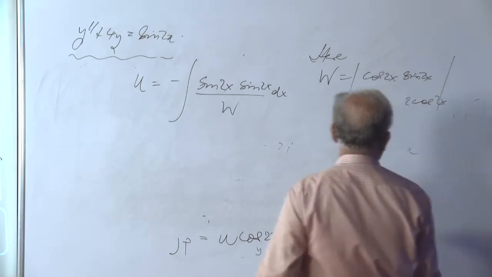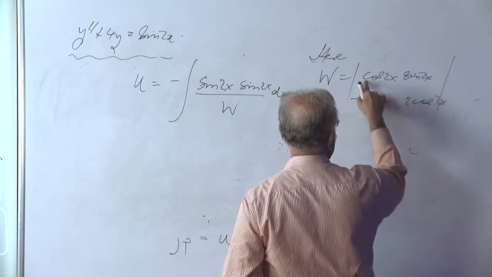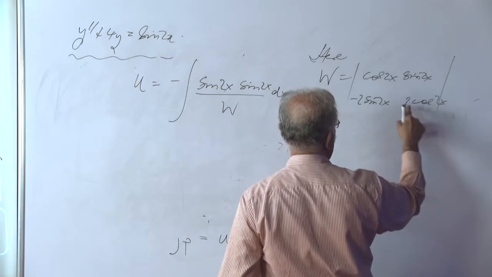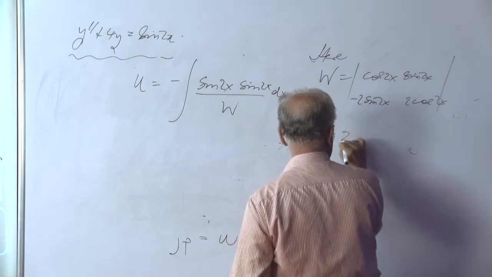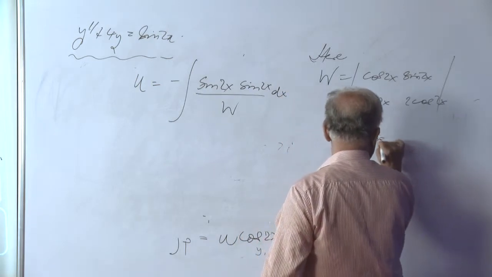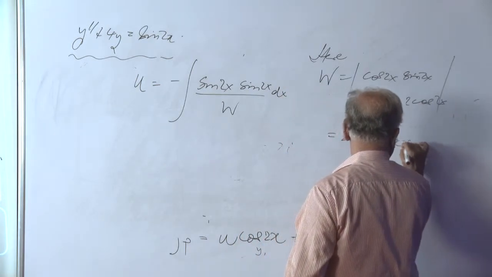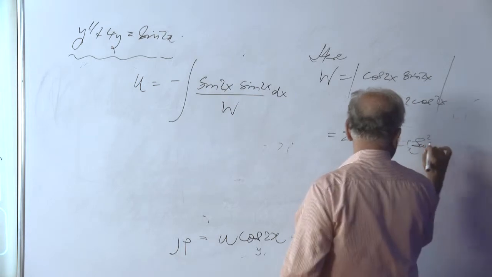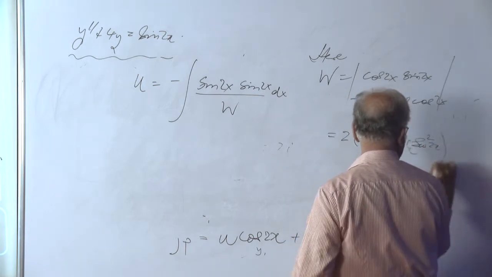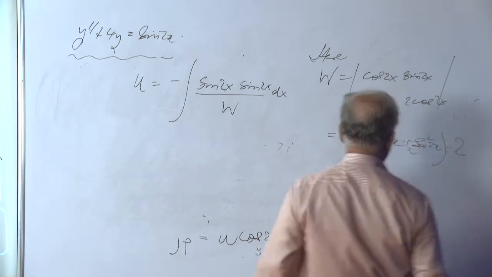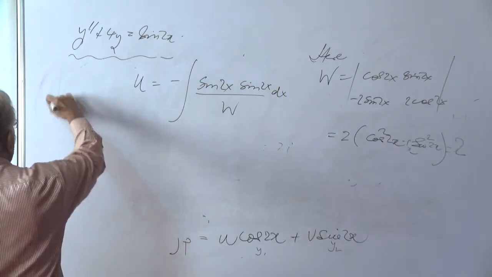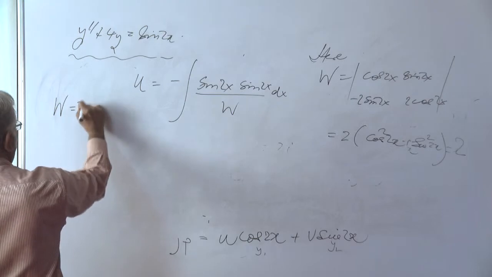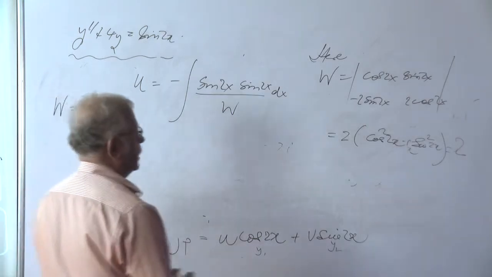When we evaluate this, it becomes cos squared 2x into 2 plus sine squared 2x into 2. So this is 2 times (cos squared 2x plus sine squared 2x), and happily that is equal to 2 into 1. So the value of the Wronskian is equal to 2 in this particular case. We capture that and rub out all that work.